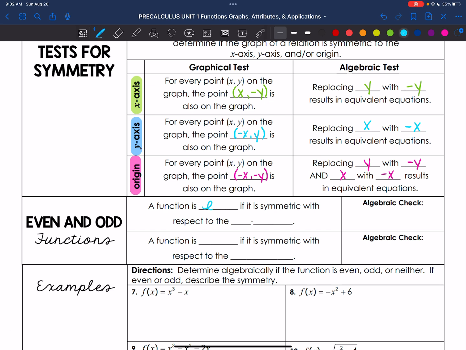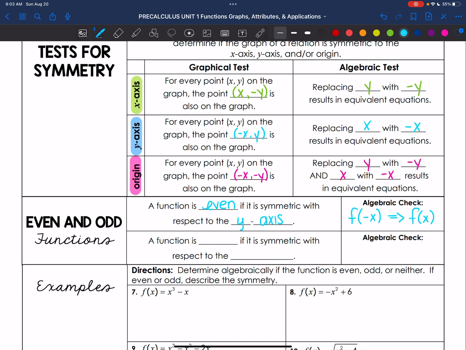And what did we say the algebraic check was there? Well, replacing x with the opposite of x should give us the exact same function. So plug in the opposite of x and you should get the same function back after you simplify.